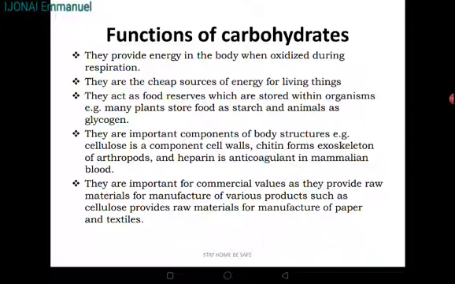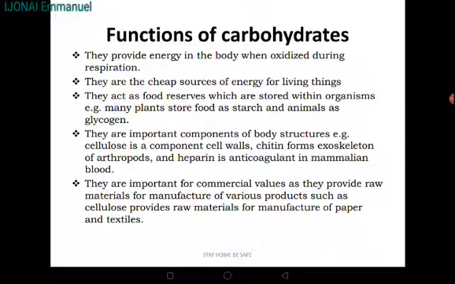Yes, and then we also have the important components of body structures. For example, cellulose is a component of cell walls in plants, and then chitin forms the exoskeleton of the arthropods, like the insects. When you look at the skeleton of the insect, the exoskeleton, it's made up of chitin, and it is harder and usually repels water.